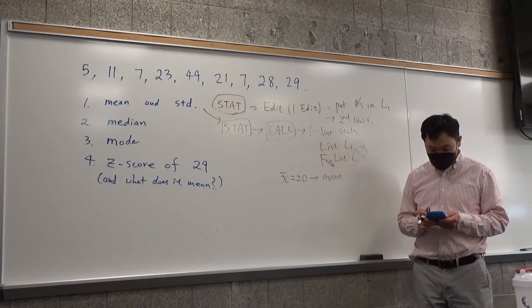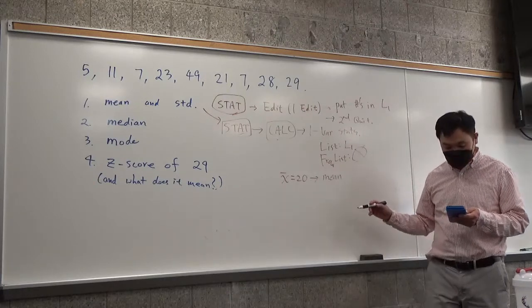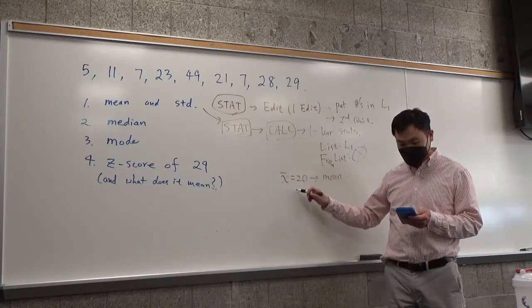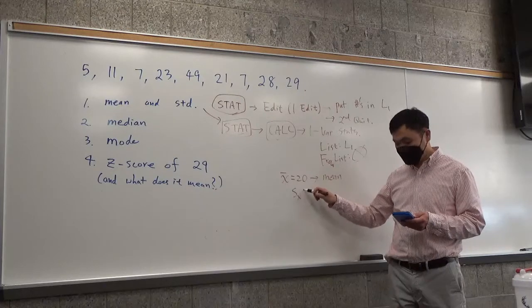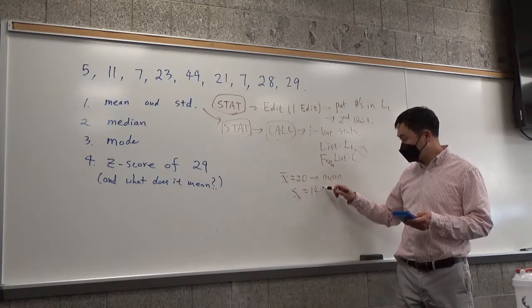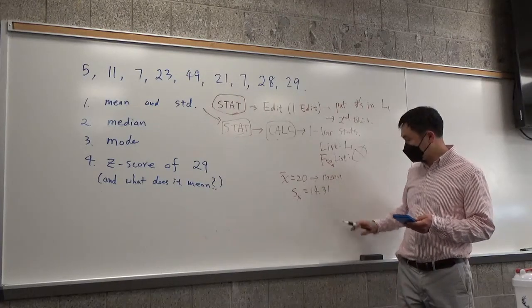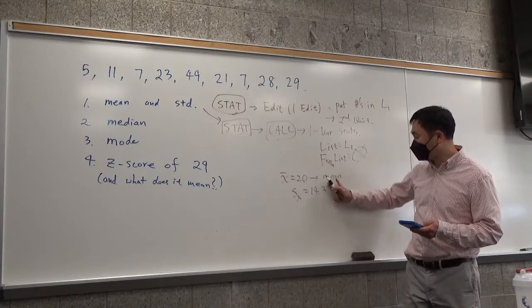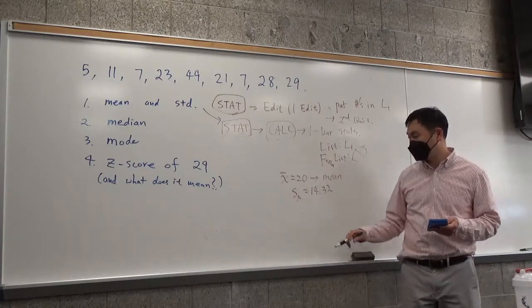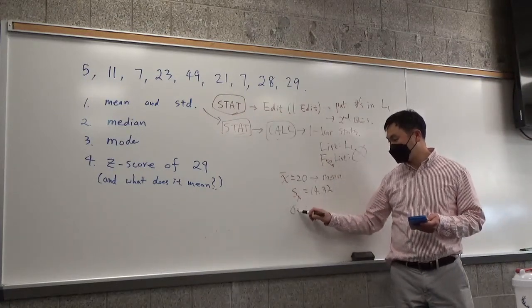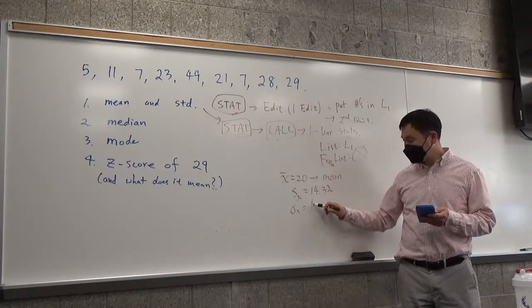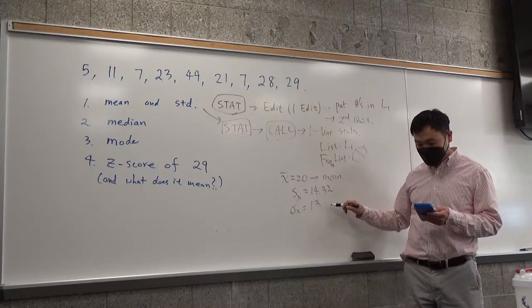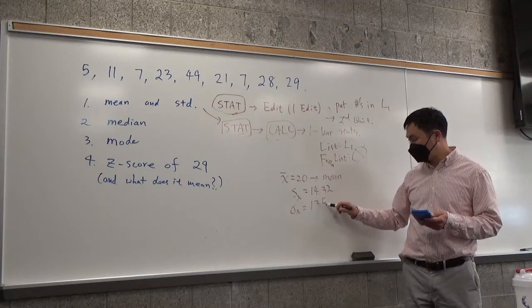It's a little confusing because there are two values that look like the standard deviation. So Sx is 14.317. Let's just use the nearest hundredths. And sigma x is 13.498, so it's like 13.50.